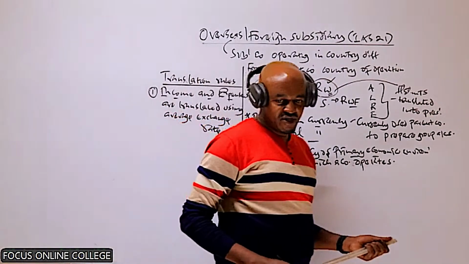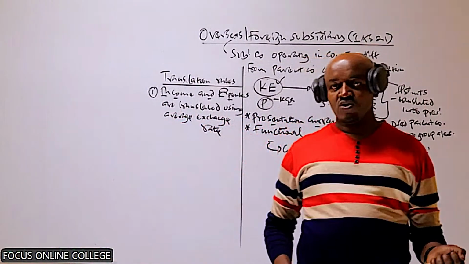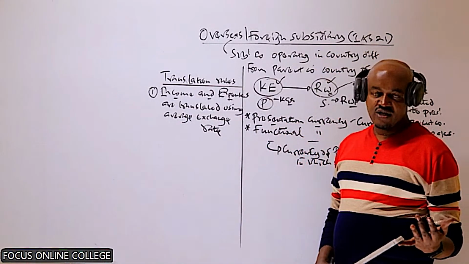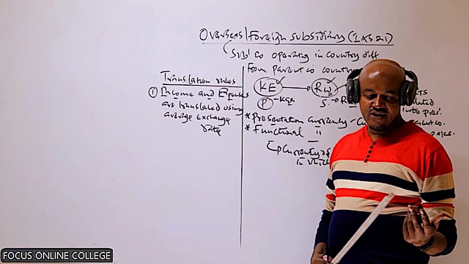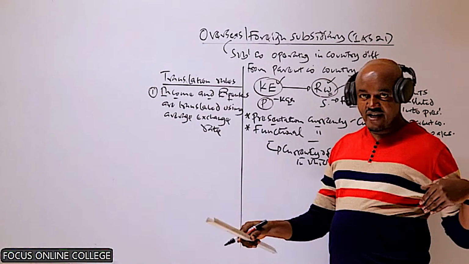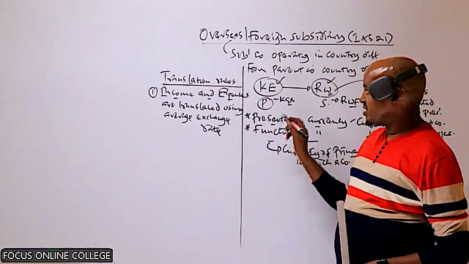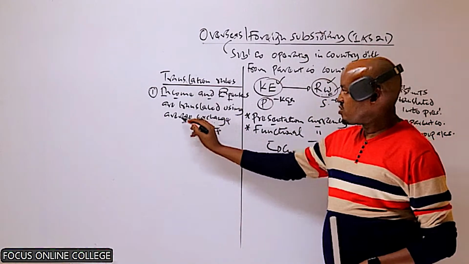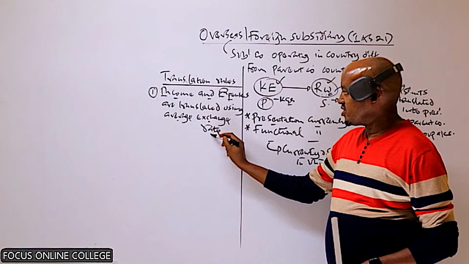Because in these questions for a foreign subsidiary, you will usually be given three exchange rates: the exchange rate at the start of the year, the exchange rate at the end of the year, and also the average. So we translate income and expenses of this foreign subsidiary using the average exchange rate.